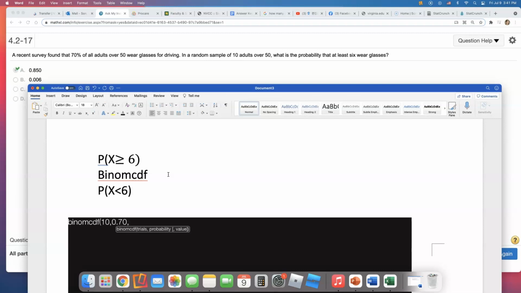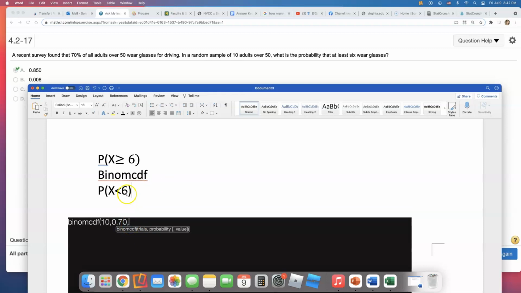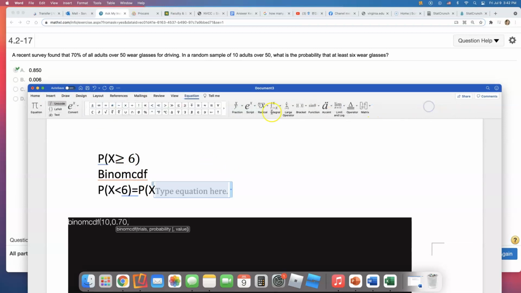Now, if I put 6 here, it's going to count all the way up to 6: 0, 1, 2, 3, 4, 5, 6. So I'm going to have to change this. X is less than 6. What's the biggest number that is smaller than 6? That number is 5, right?